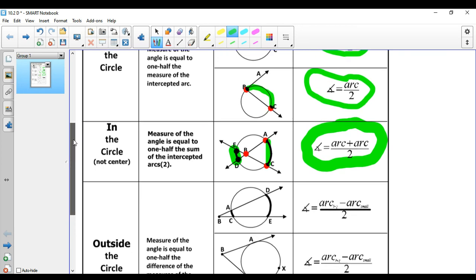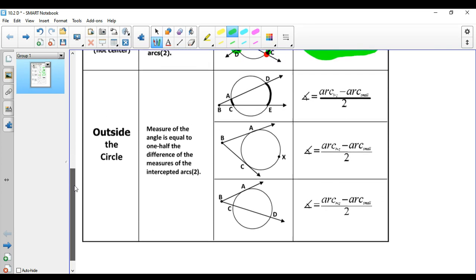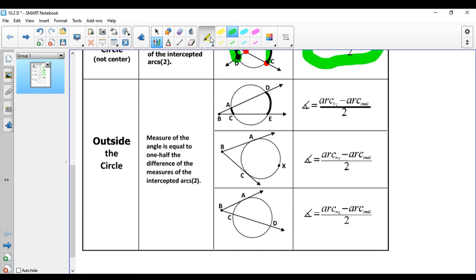And we have one more possibility, and that is that the vertex is outside of the circle. If the vertex is outside of the circle, as it is here, it still creates 2 different arcs. It creates a small arc right here and here, and it creates a bigger arc here and here.